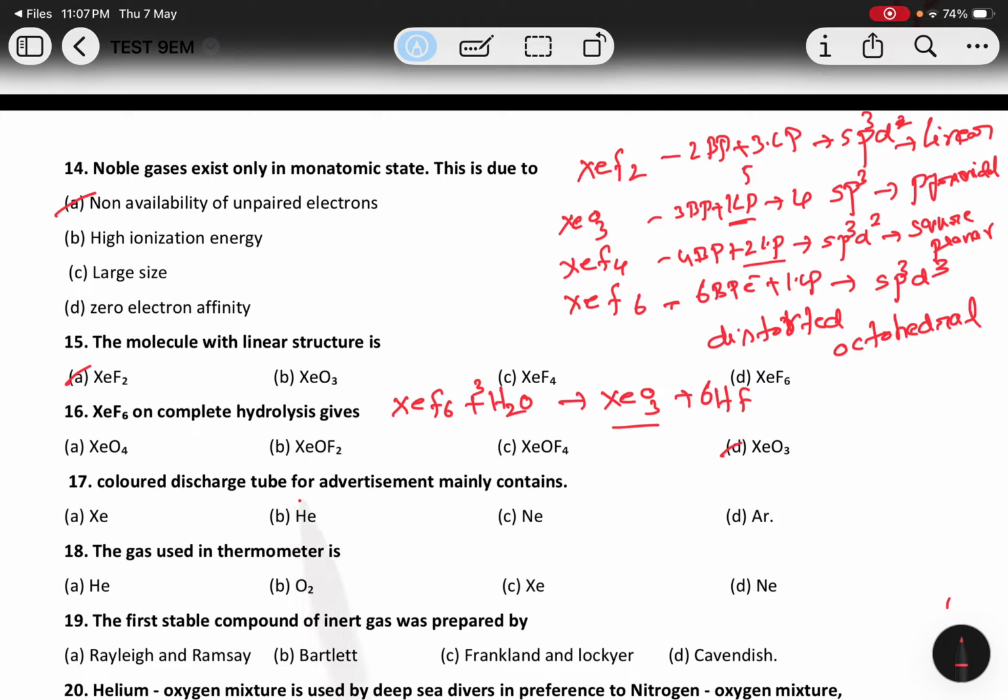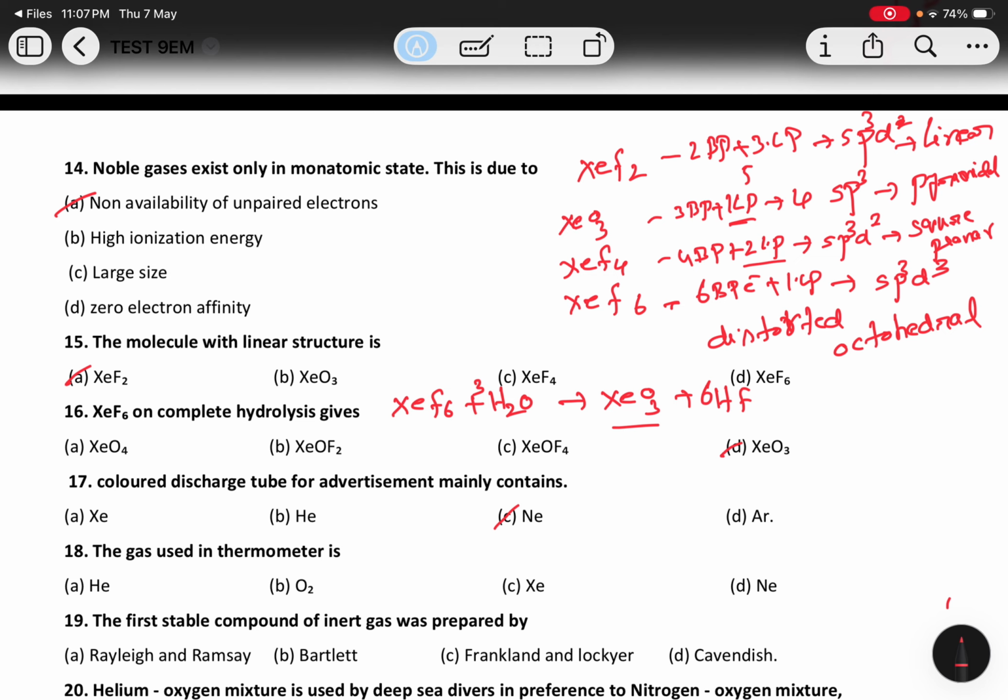The colored discharge tube for advertisement mainly contains xenon, helium, neon or argon. Generally for colored discharge tubes, neon is used because it emits bright reddish orange light. This is the main primary component.